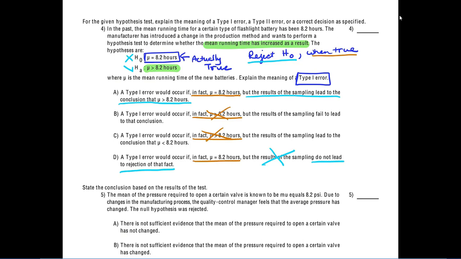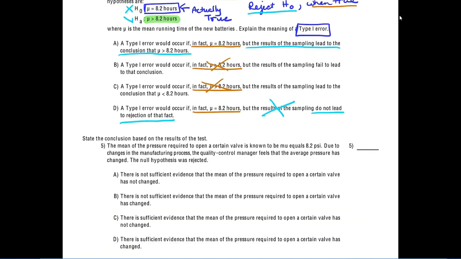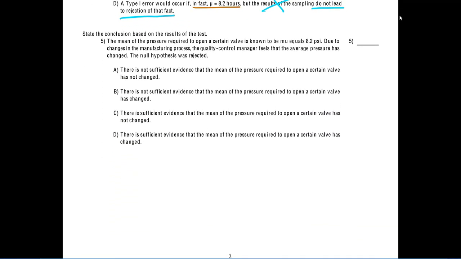Let's look at number 5. The mean pressure required to open a certain valve is known to be mu equals 8.2 psi. Due to changes in the manufacturing process, the quality control manager feels that the average pressure has changed. The null hypothesis was rejected.